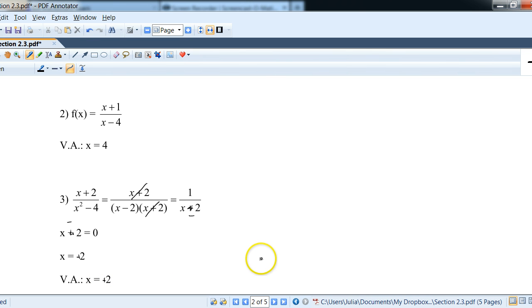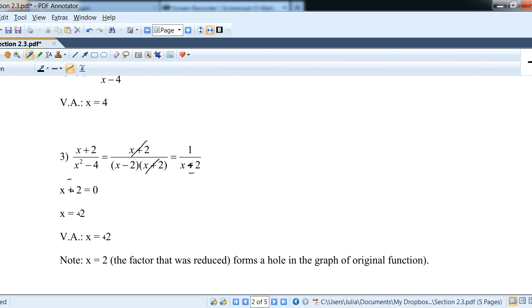Okay, so the vertical asymptote would be x equals 2 because x plus 2 is actually gone. So note x equals 2, and x equals -2 is a hole. I really need to fix this. Excuse me. The factor that was reduced forms a hole on the graph of the original function.